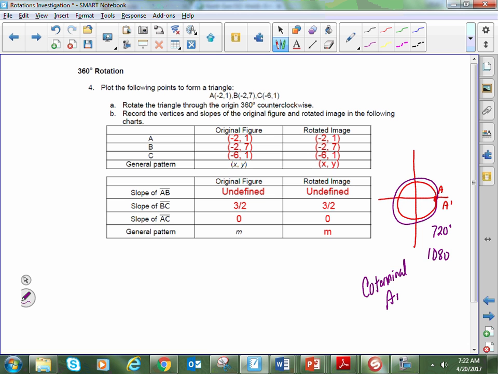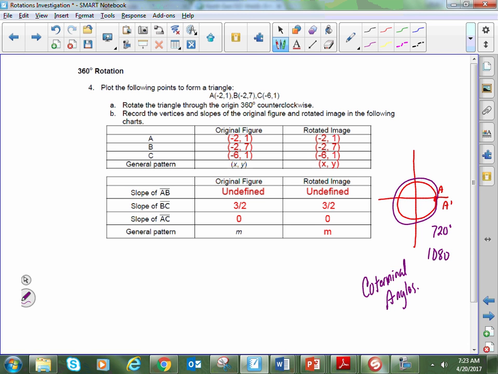These are what we would refer to as coterminal angles, because there's nothing saying that I can only rotate 360 degrees. We can rotate and rotate and rotate ad nauseum to infinity if we wanted to. And every 360 degree increment means that those numbers would be considered coterminal angles.